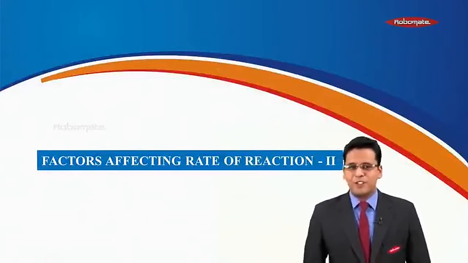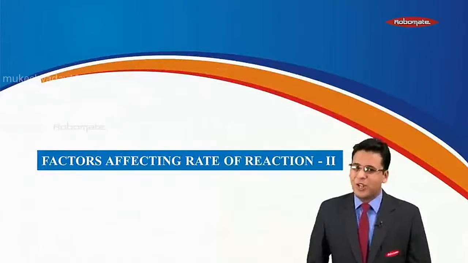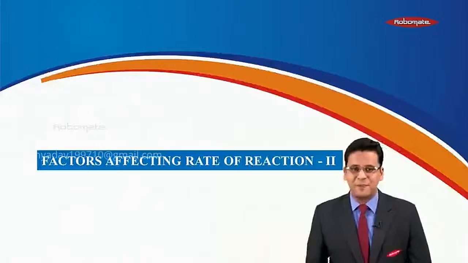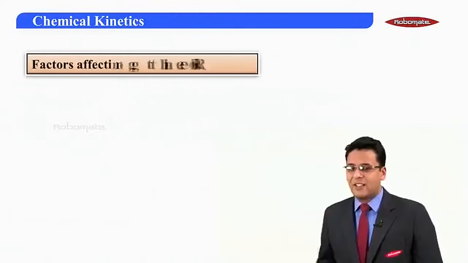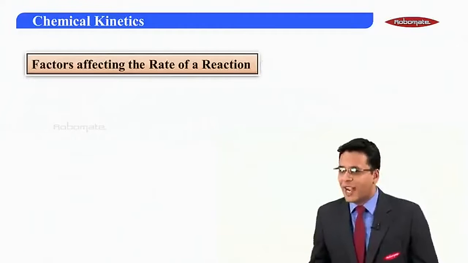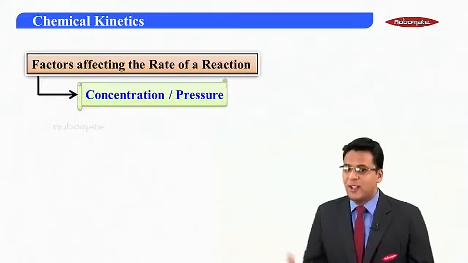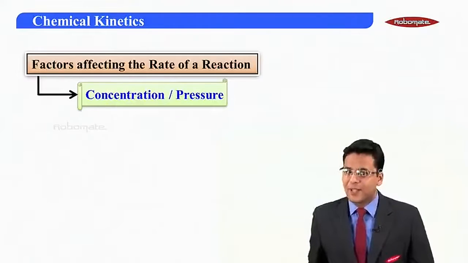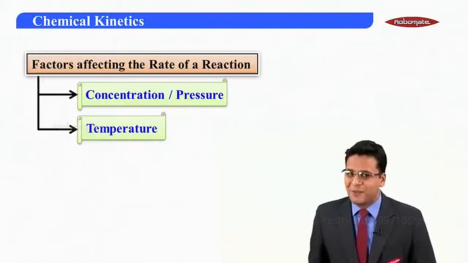In this module of the chapter, we are going to understand some more factors which are going to affect the rate of reaction. Till now, we have seen the various factors which affect the rate of reaction are concentration for solutions, pressure for gases. We have also seen how temperature affects the rate of reaction.